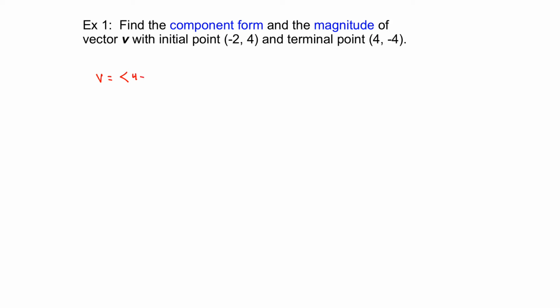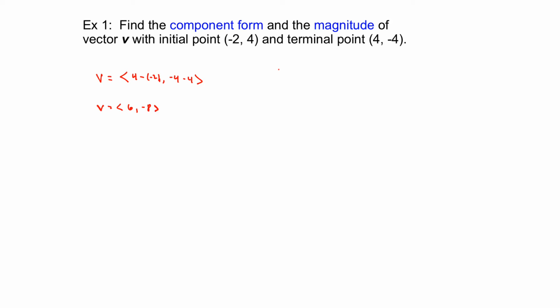So 4 minus negative 2, and then negative 4 minus 4. And then you just simplify. So 4 minus negative 2 is 6, negative 4 minus 4 is negative 8. So the vector v is equal to <6, -8>.